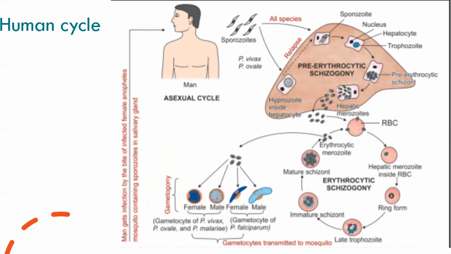Now, usually, these sporozoites, once they infiltrate the hepatocyte, form a trophozoite, which is also their feeding form. And these trophozoites then turn into the pre-erythrocytic schizont.